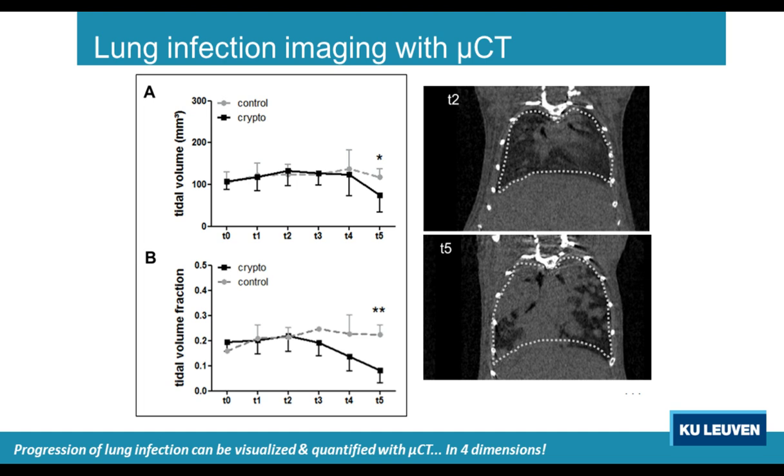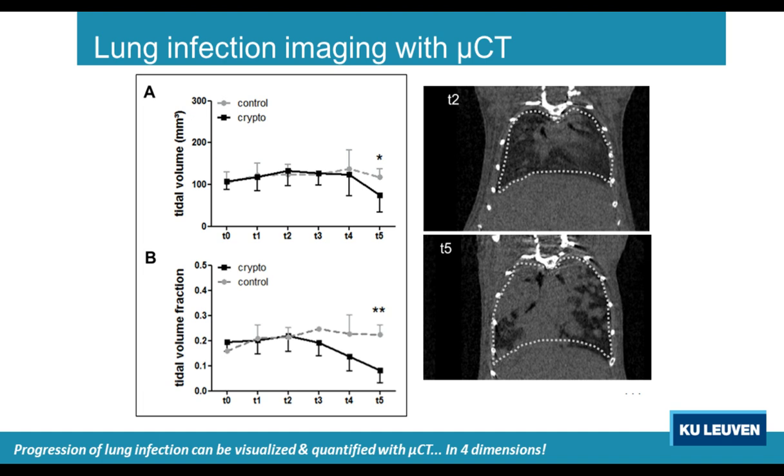A next thing on our microCT images is yet another biomarker that you can extract from the same scans. For that I need to say something about the way that we deal with the imaging of motion and the respiratory movement in the lungs. We actually acquire not only a 3-dimensional scan, but you can refer to it as a 4-dimensional scan, because the 4th dimension is the respiratory movement over time.